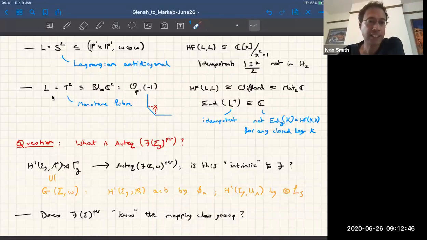And so that fits into an action of this semi-direct product, H1 of the surface with coefficients in Lambda star, semi-direct product the mapping class group. And one can ask, is this group that we know quite well that maps to the autoequivalence group somehow intrinsic to the Fukaya category? Does the Fukaya category know the mapping class group, or is it just something that sits there and there's plenty of other stuff around too?